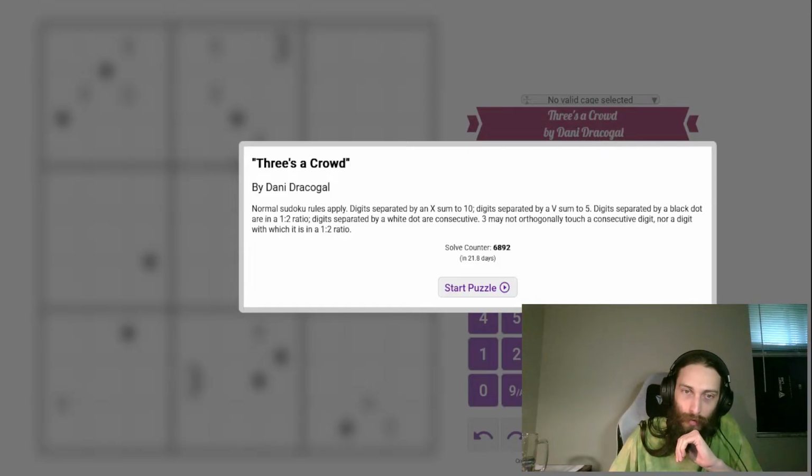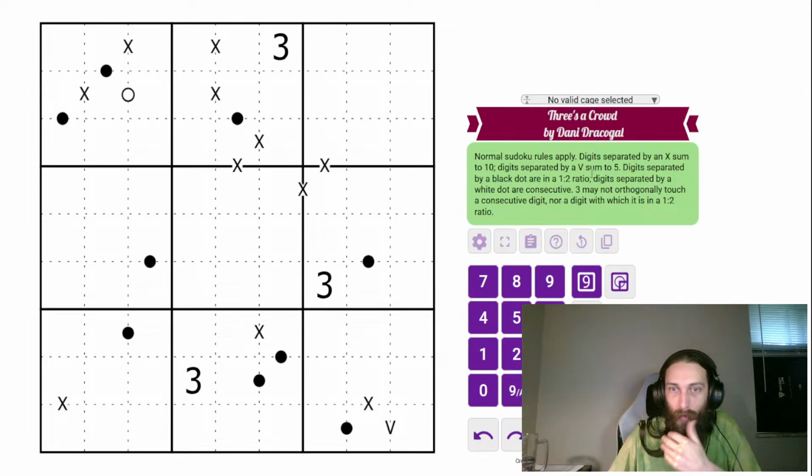Does that include over the 1 to 2? Does that mean 3 can't be on the dots? Sounds like it. It might be. We'll figure it out.